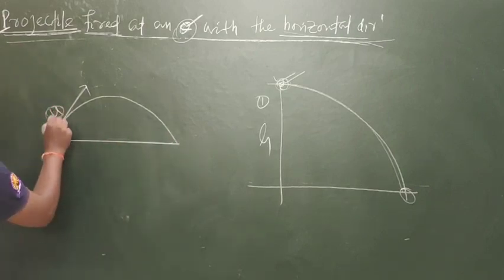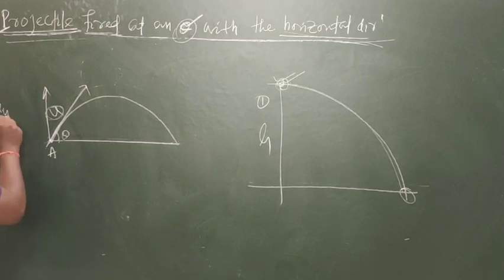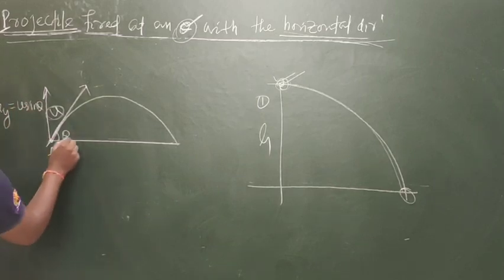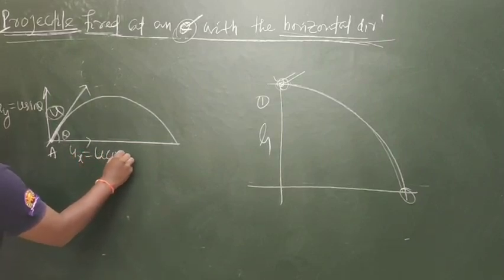This velocity has two components. One is the vertical component uy, which is equal to u sin theta, and the other is the horizontal component ux, which is equal to u cos theta.